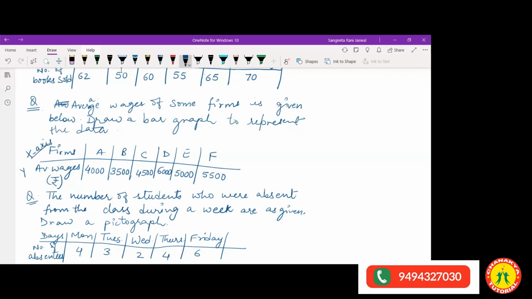When you take your firms here, A, then B, then C, and you have here 1,000, then 2,000, then 3,000, and so on, suppose if your A is 4,000, it will go like this. Like this, you have made your graph.